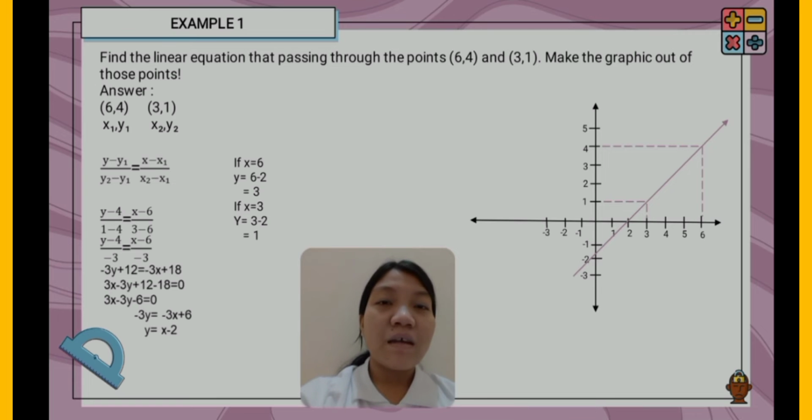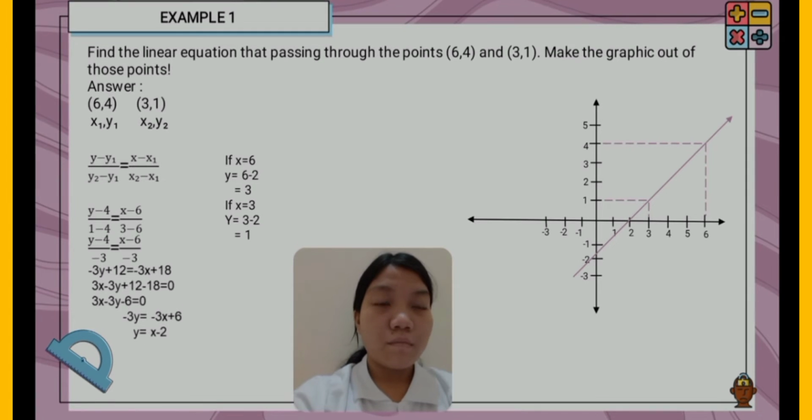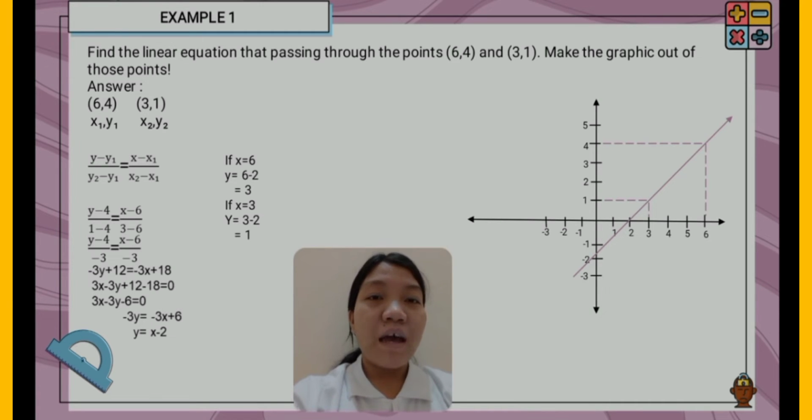So we get minus 3y plus 12 equals minus 3x plus 18. We need to multiply both sides by minus 1 so that the x will be positive. So we get 3x minus 3y plus 12 minus 18 equals 0, and here we combine 12 and 18, so we get 3x minus 3y minus 6 equals 0.